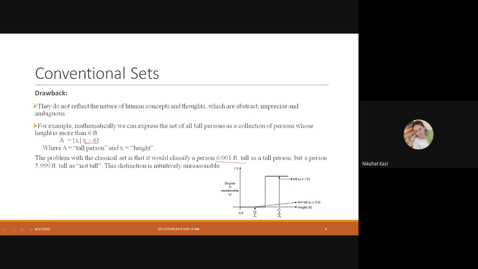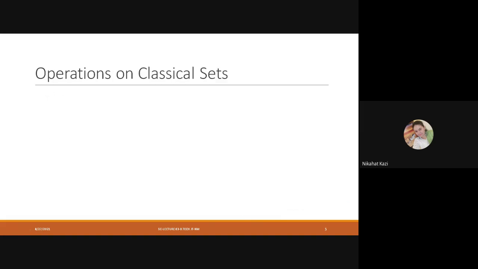So that is the problem with this kind of conventional set to model this scenario. So it is not always feasible to use a conventional set to model your problems. And that drawback in fact is removed by what is known as a fuzzy set.